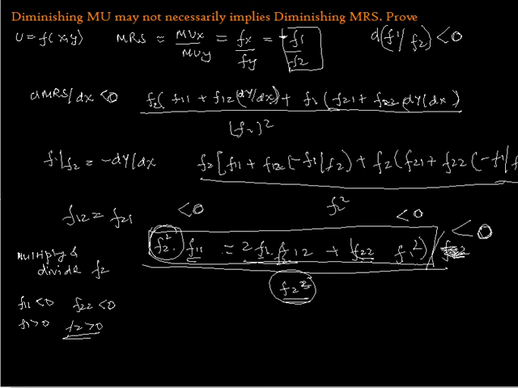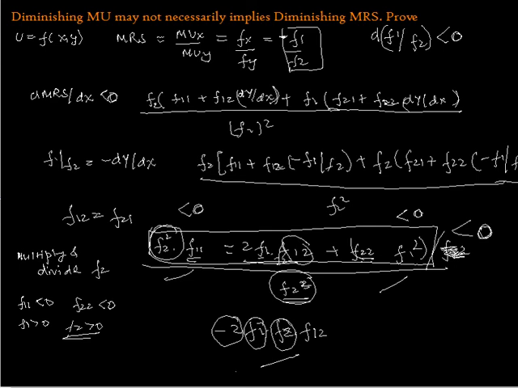So what you want is that f12 should be positive. This term is negative, the last term is negative. You also want this term to be negative, and it will be if f12 comes out to be positive.